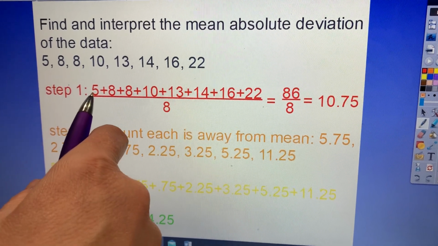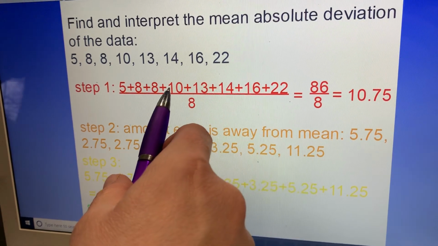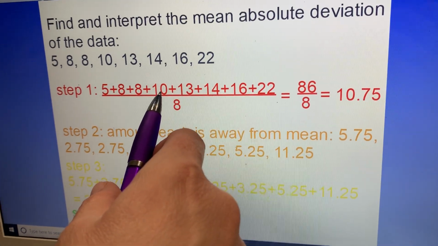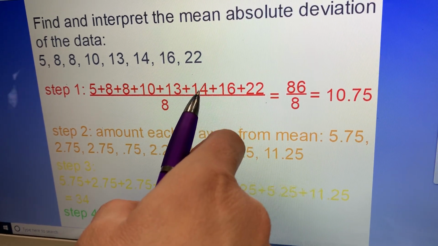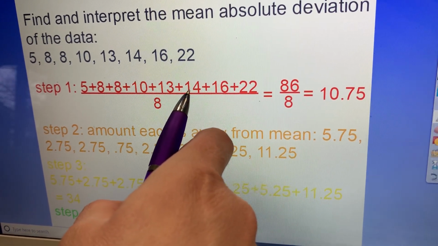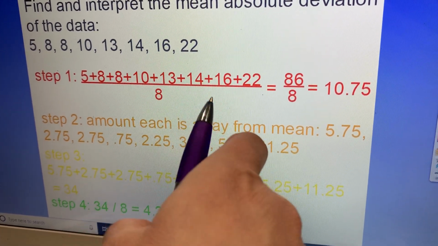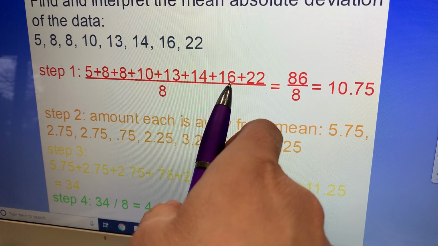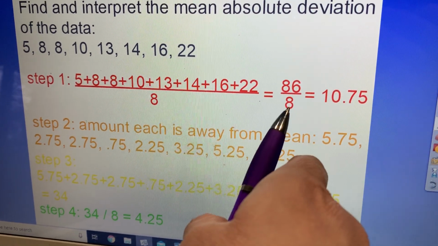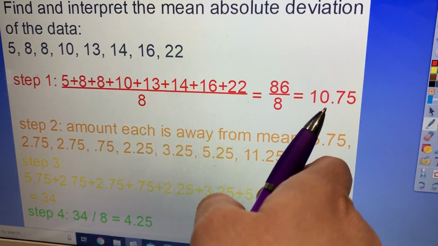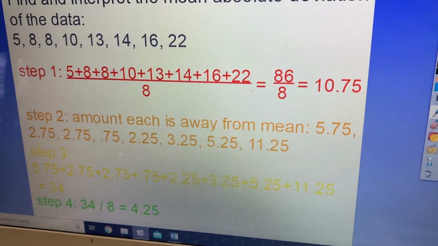I got to add them all up first. 5 plus 8 is 13, 13 plus 8 is 21, 21 plus 10 is 31, 31 plus 13 is 44, 44 plus 14 is 58, 58 plus 16 is 74, 74 plus 22 is 86. So we have 86 divided by 8, which is going to give us 10.75, or 10 3/4.